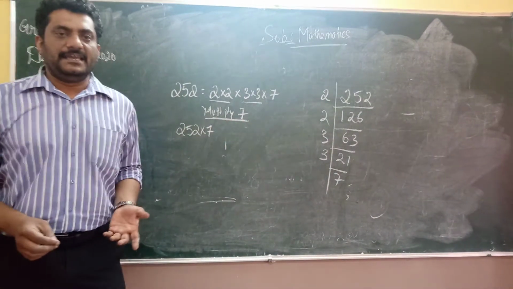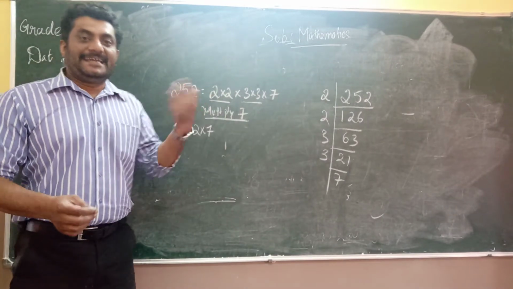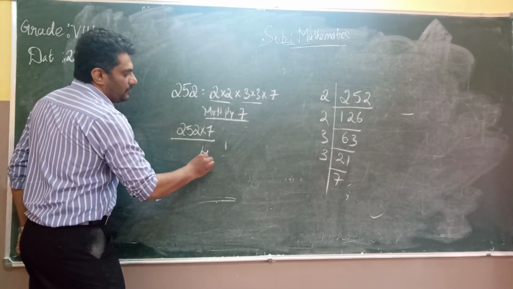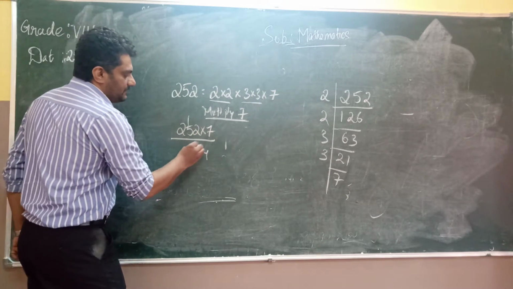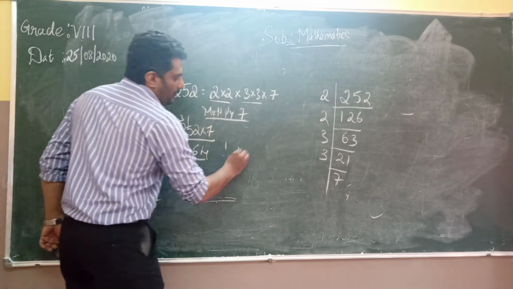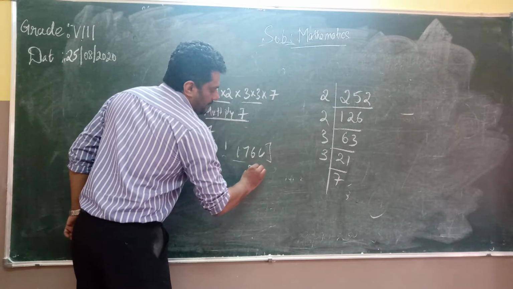If they are asking to multiply the same number and get the perfect square, then you have to multiply by 7. You get 1764, which is the perfect square.